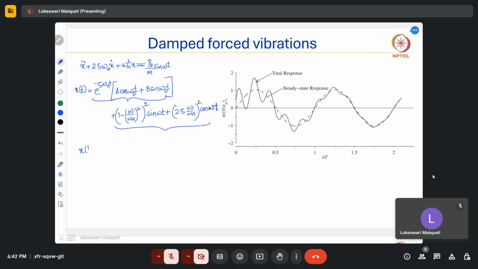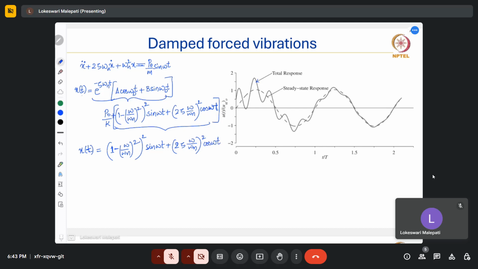Then after some time, this will just be minus, here we have P naught by K, omega n square, the whole square, sine omega t plus 2 zeta, omega by omega n, the whole square, cos omega t.